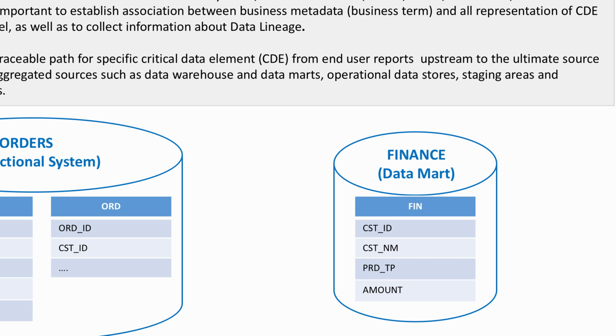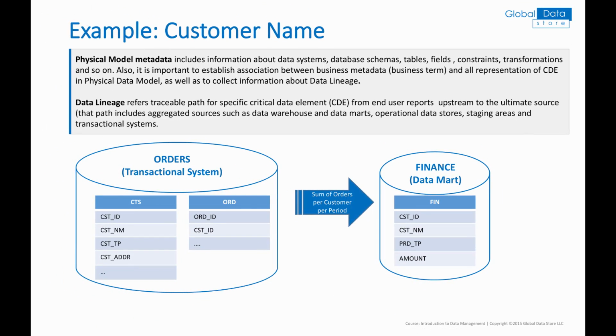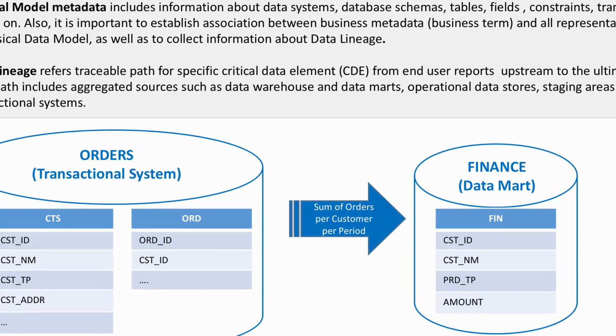Aggregated information refers to the revenue, field amount, per customer, fields CST ID, CSTNM, and per period of time, field PRDTP. Then, we perform a data integration process, which aggregates data from the orders transactional system into the finance data mart.